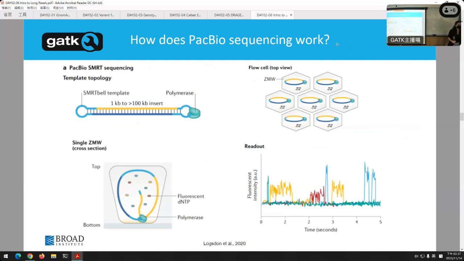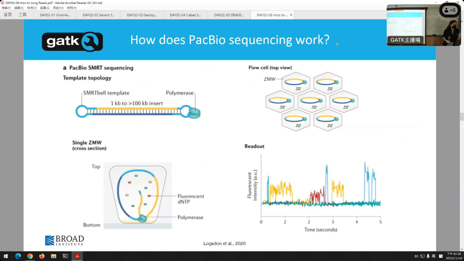And as new bases are incorporated, we can read the fluorescence of the fluorescent bases over time. And similar to Illumina, that's how we determine which base was added and build up the sequence over time.